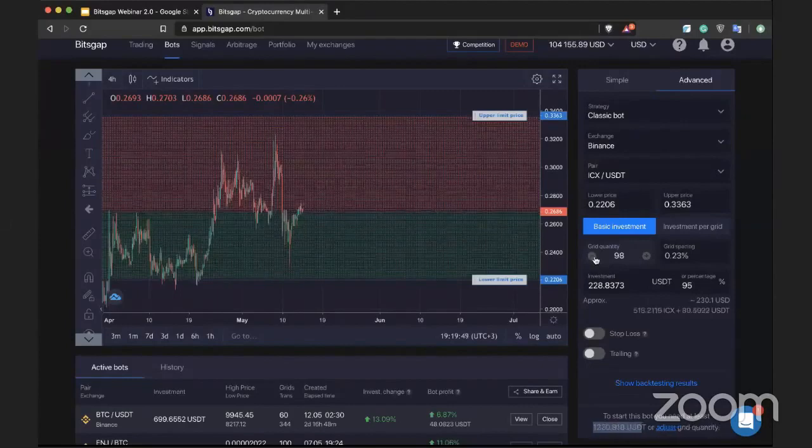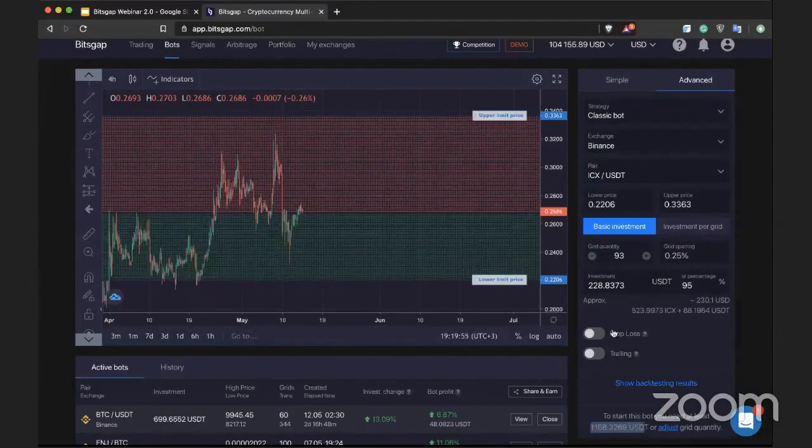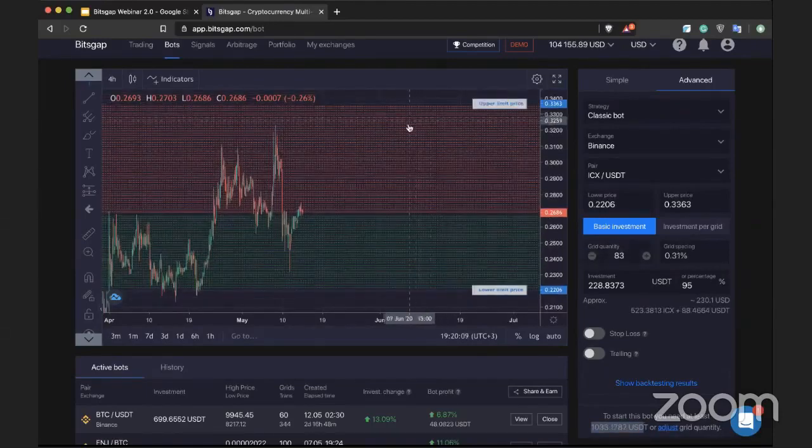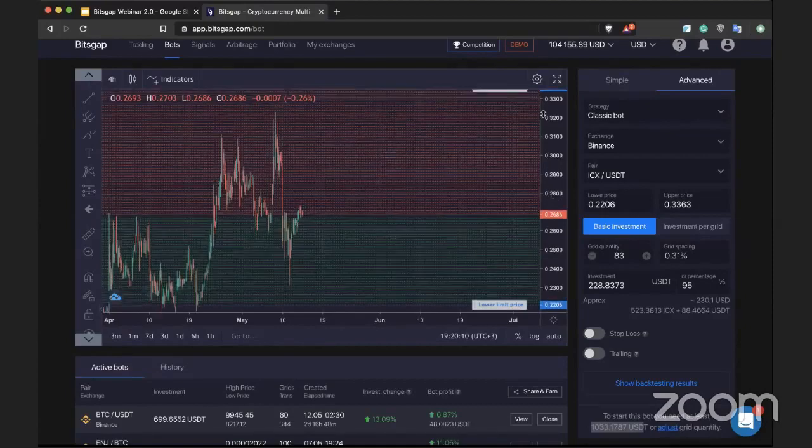So as I'm minimizing the amount of grid levels, you see that the investment value is also decreasing. And the grid spacing, in this case, increases. Because when I decrease the amount of grid levels, that means that I'm widening the spacing between my grid levels.